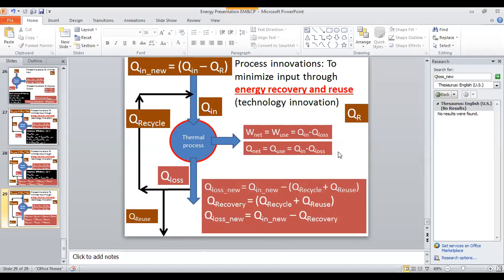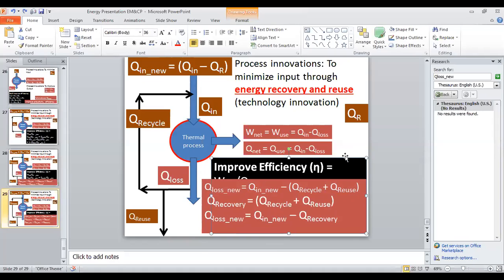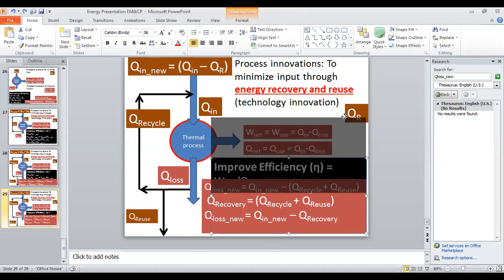So you have a new efficiency term. Okay, new efficiency terms.